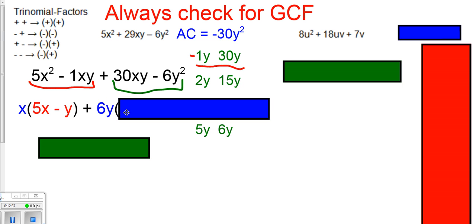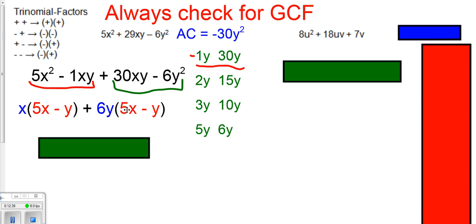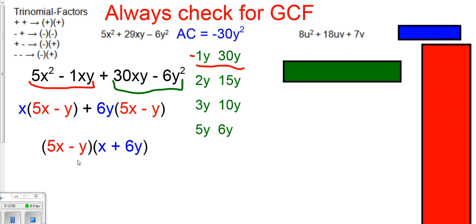Well, that would be a 6y, and that would leave 5x minus y. Notice again, 5x minus y over here and 5x minus y over here. That means our first term is going to be 5x minus y, and it's going to be multiplied by the term x plus 6y. So again, this in the end will be our factored answer. If you take this thing times this thing, it would make this in total.